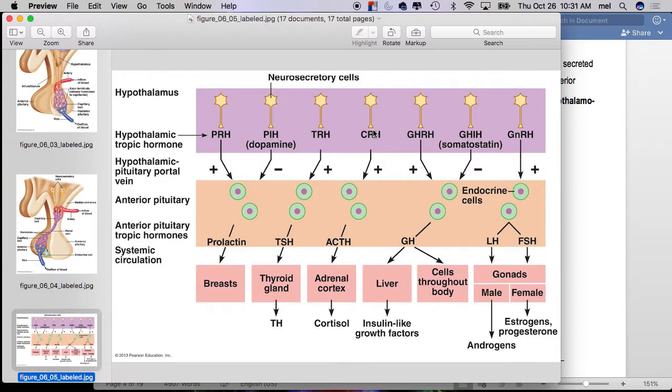Relevant cortex for endocrinology. You've got cortexes all over the place. This one's the adrenal cortex, right? So now what does it do? Corticotropin releasing hormone causes the release of something headed to the adrenal cortex from the anterior pituitary.